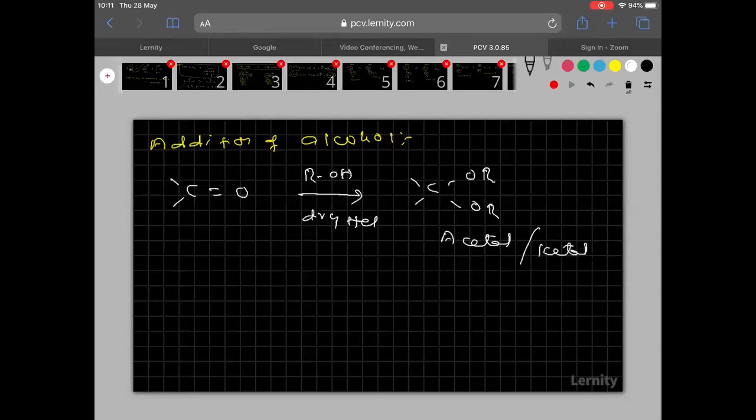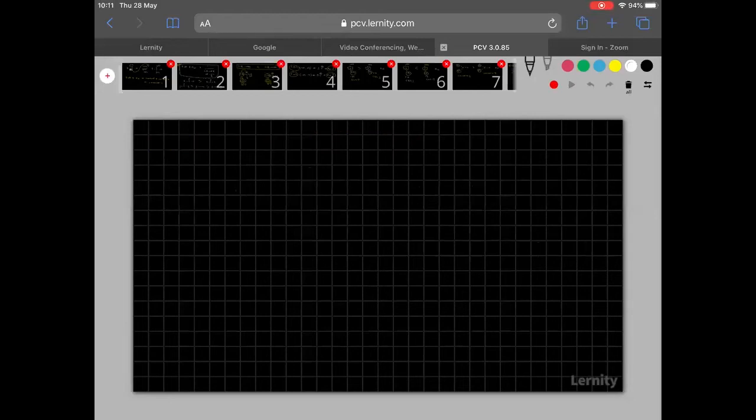So now we are going to see the mechanism part of acetal formation. Clear? Then we are going to take some questions on acetal formation. So here, first of all, see clearly, this is the carbonyl group. Dry HCl will give H plus ions, and oxygen carries 2 lone pairs.